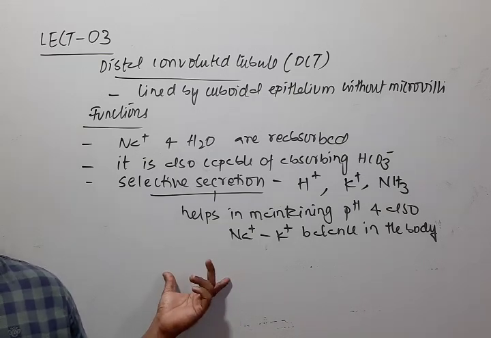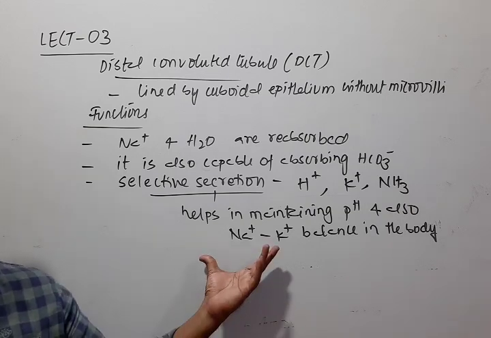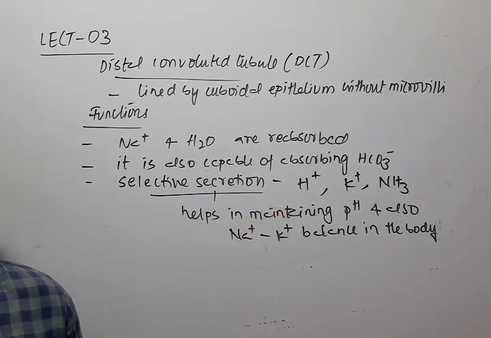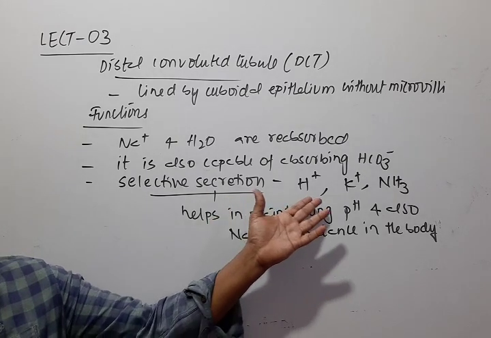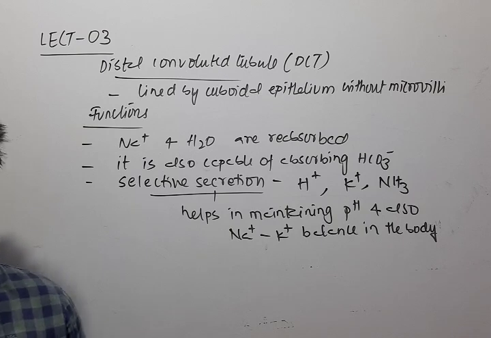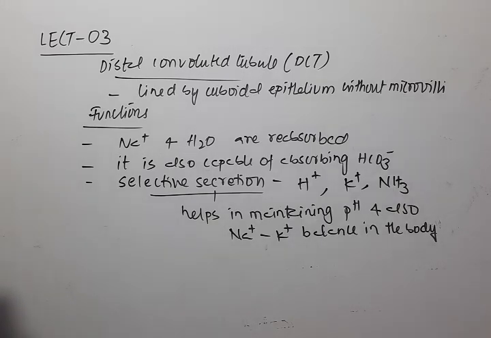And if someone has taken excess food that has excess sodium, potassium, or results in the formation of ammonia, then more hydrogen, potassium and ammonia will be released out. If it is less, then the kidney will try to reabsorb these substances back. It tries to maintain homeostasis of the body. That is the function of the kidneys.